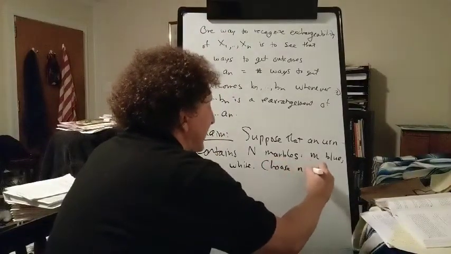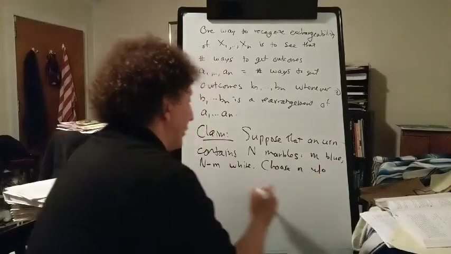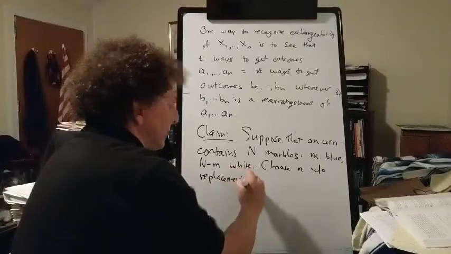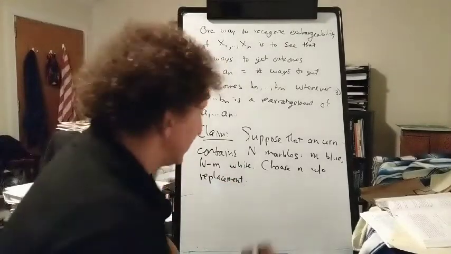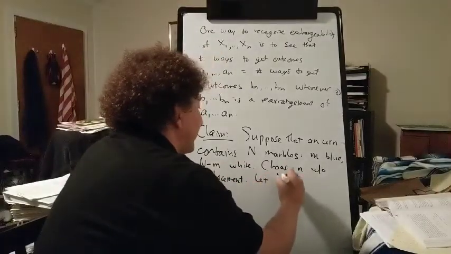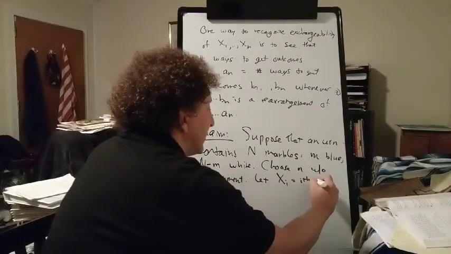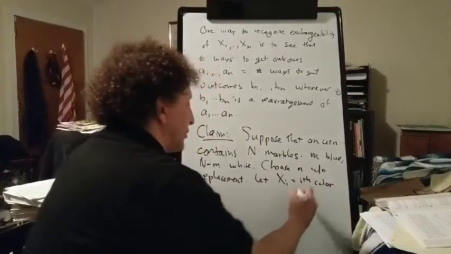Let's choose little n without replacement, and let the random variable Xi be the ith color chosen.